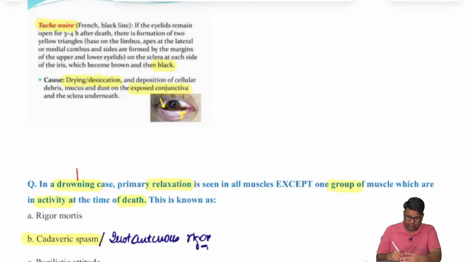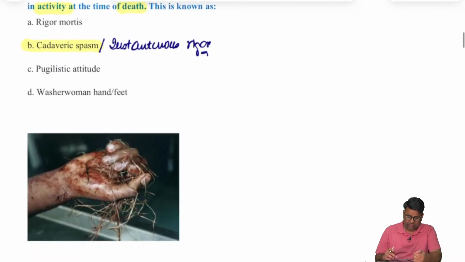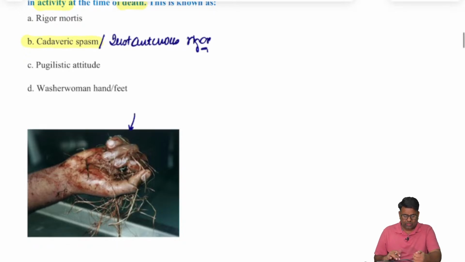In a case of drowning, we might have weeds in the hand. If a person is drowning, he will try to save himself and he might catch some weeds. Since the muscles of the hand were in a state of action at the time of death, they instantly pass into a state of rigor with all those weeds in the hand. That is known as instantaneous rigor or cadaveric spasm. So this is a classical picture in a case of antemortem drowning: cadaveric spasm.